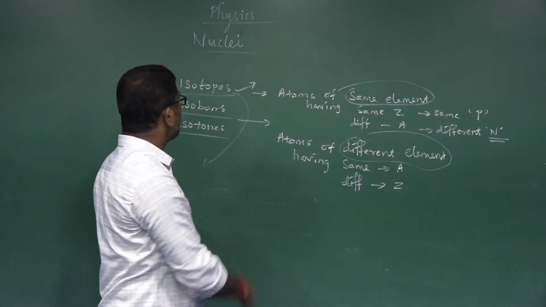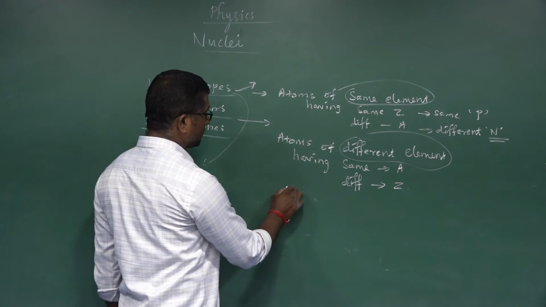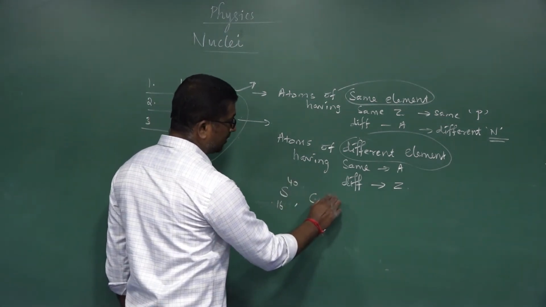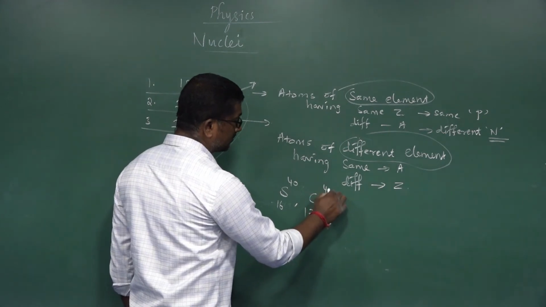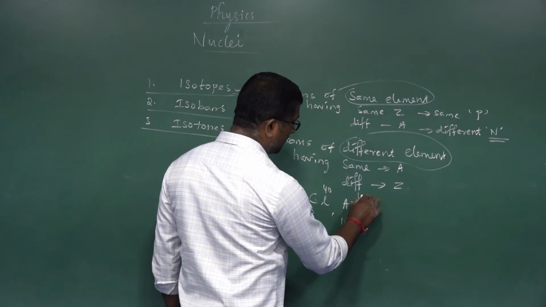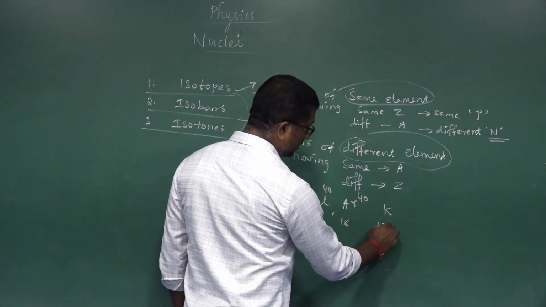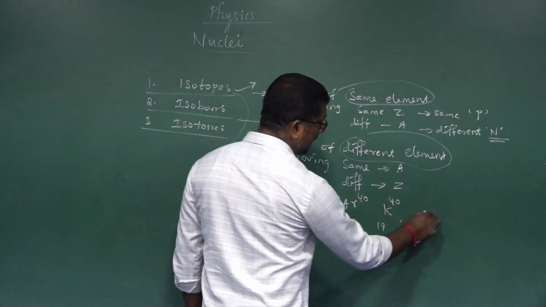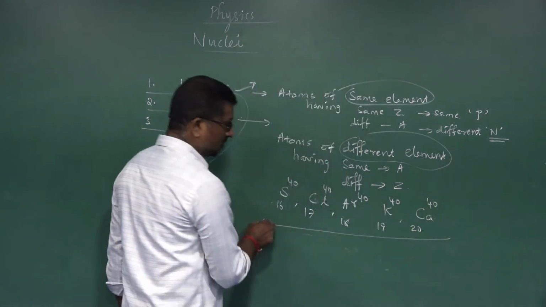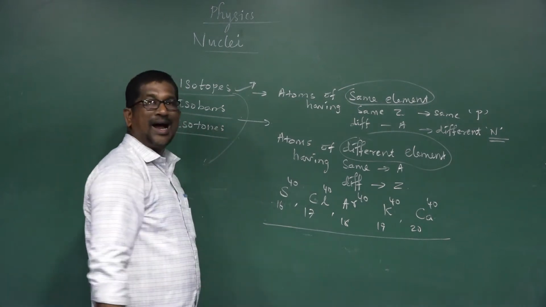The best example for isobars is silicon 16-40, chlorine 17-40, argon 18-40, krypton 19-40, and calcium 20-40. This is the best example for isobars.